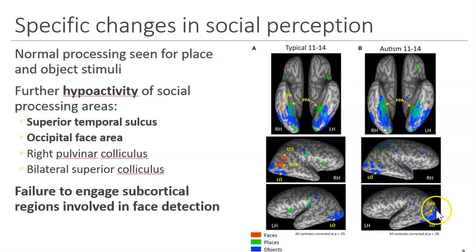There's a little bit of the OFA over here, but in general, there's a severe lack of that activity. So that's showing that hypoactivity of social processing areas. So we see this failure to engage the subcortical regions, which are involved in face detection.